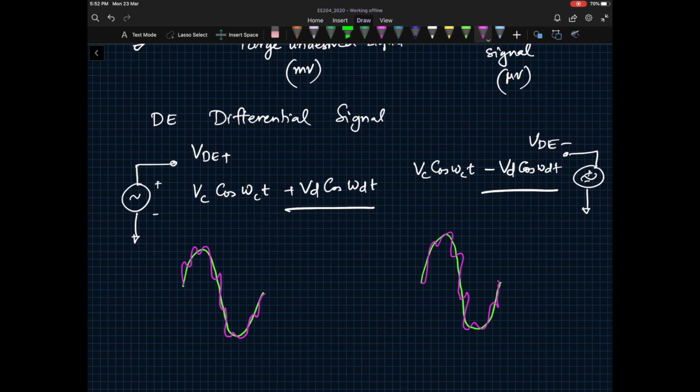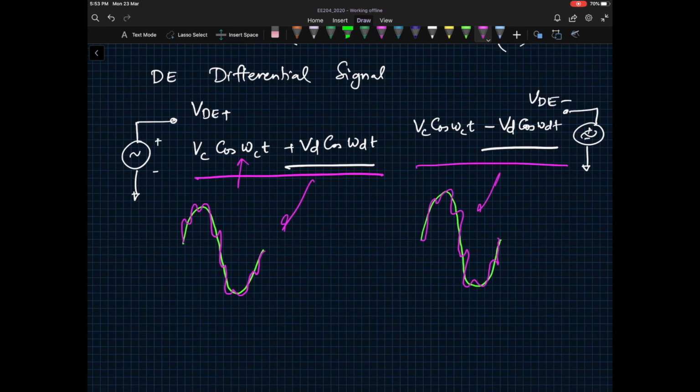If we delete the green part, the magenta curve is the sum total of these two, and the green part is your common mode signal. So the common mode signal shows up the same way on both sides, but the differential signal shows up in opposite phase on both sides.